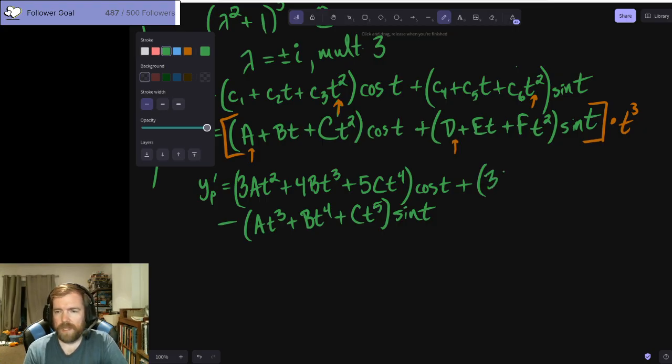So 3d t squared plus 4e t to the third plus 5f t to the fourth. This is times sine of t.